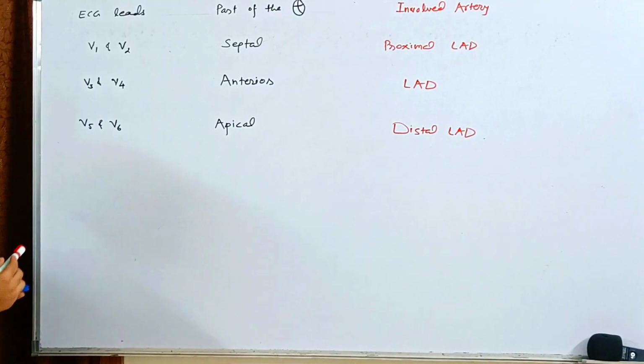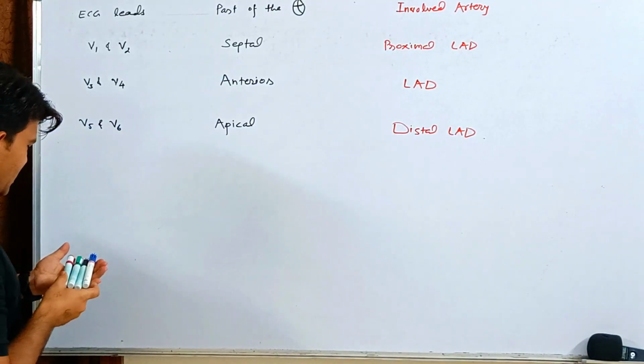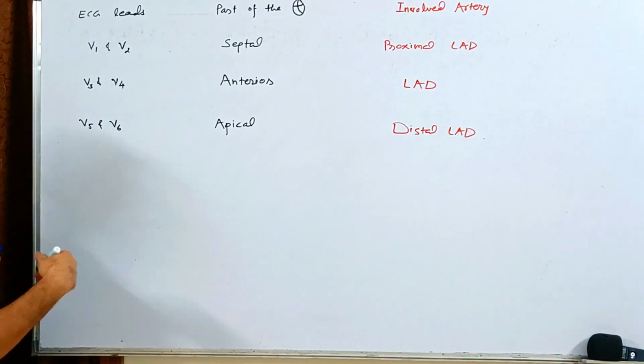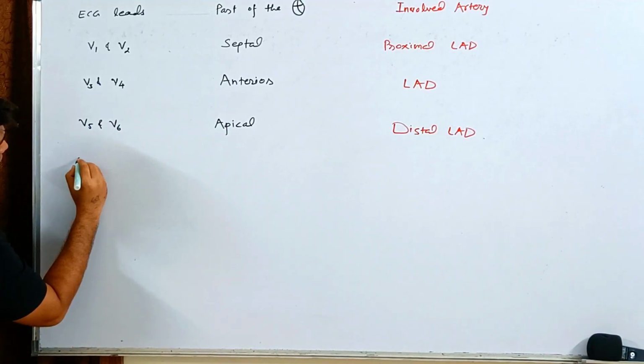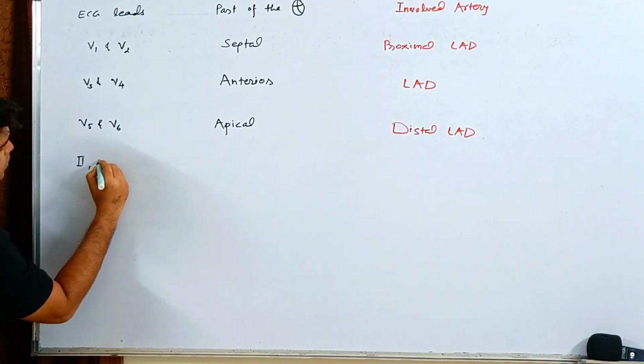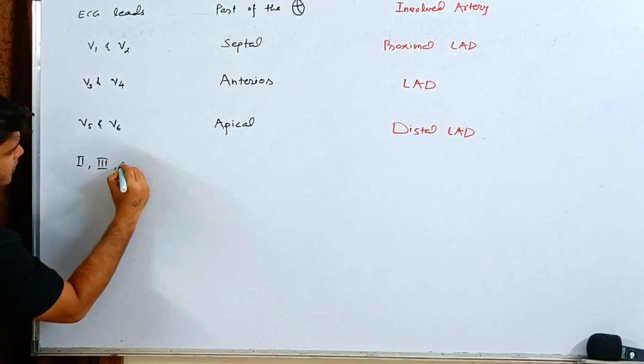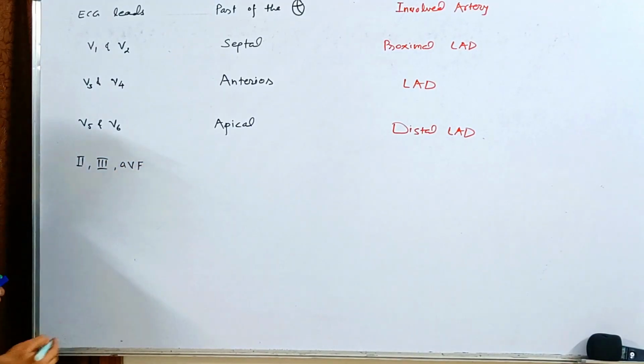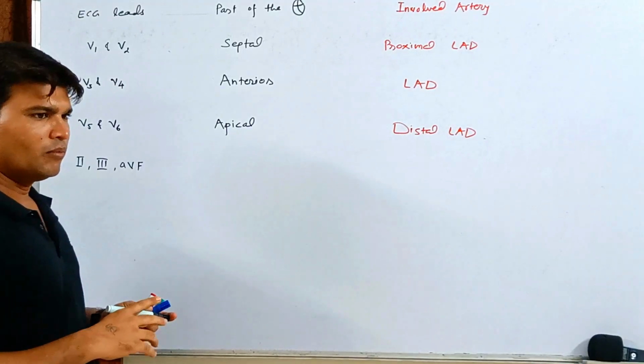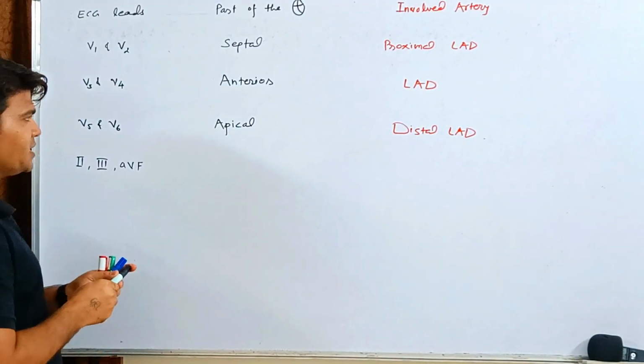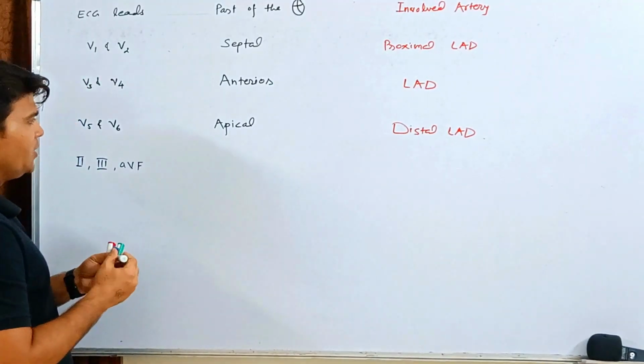Then you have a myocardial infarction, and you see ST elevation in 2, 3, and AVF. Then the MI should be named an inferior STEMI, right? Inferior STEMI.